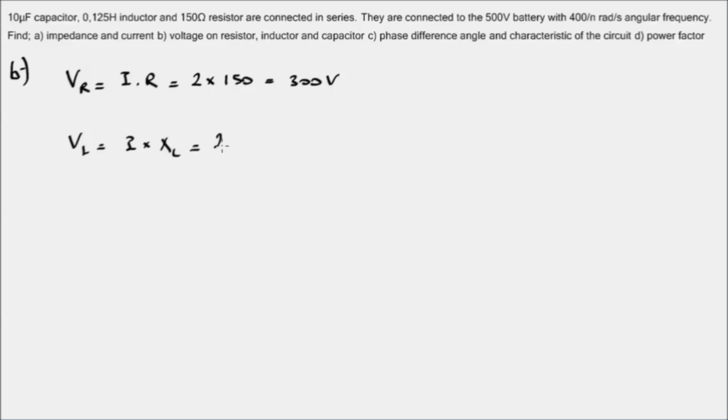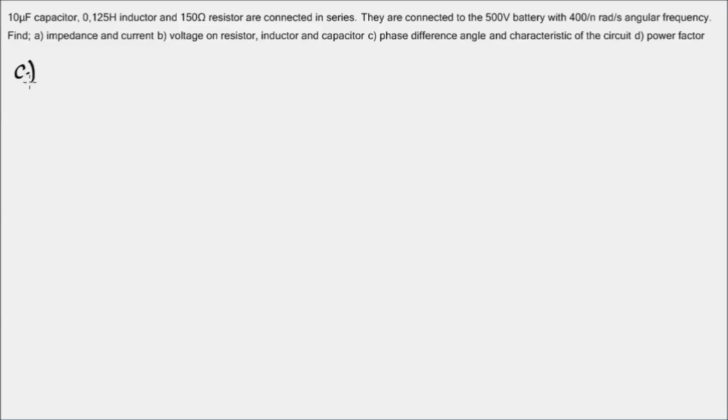I is 2, XL equals 50, so the result is 100 volt. And VC equals I times XC. I is 2, XC is 250, and it's going to be 500 volt.